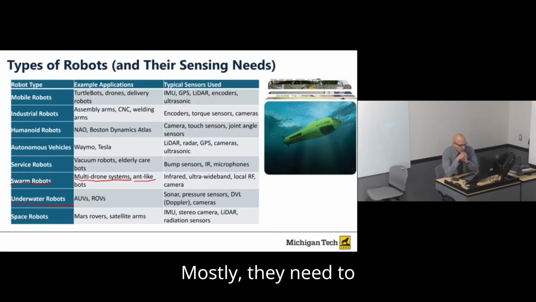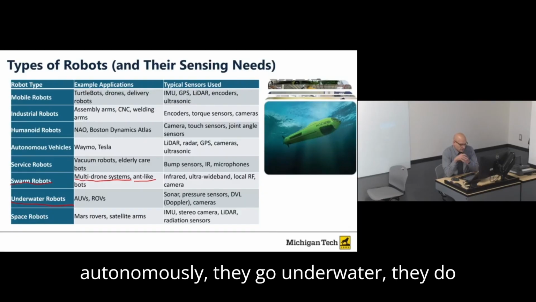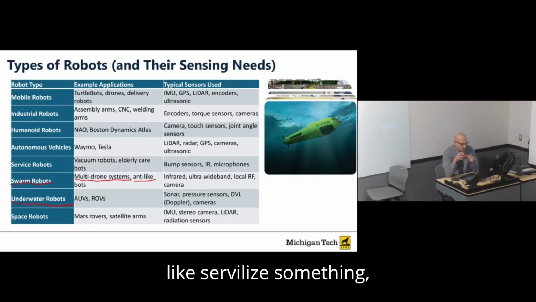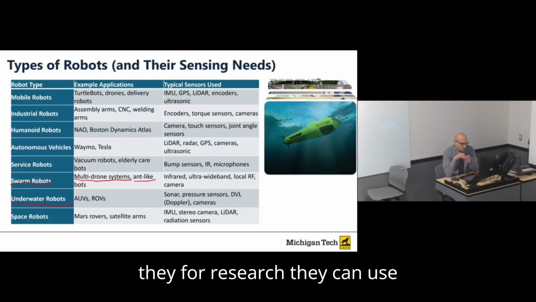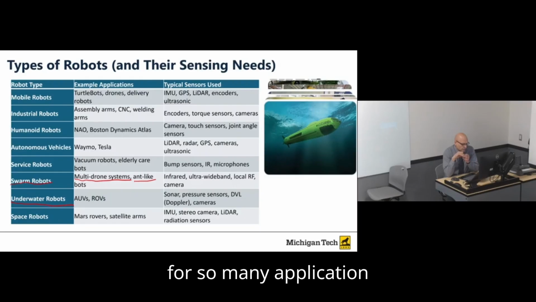Mostly they need to operate autonomously. They go underwater and do things like survey something. For research they can be used for so many applications, or sometimes they are called ROVs, remotely operated vehicles.